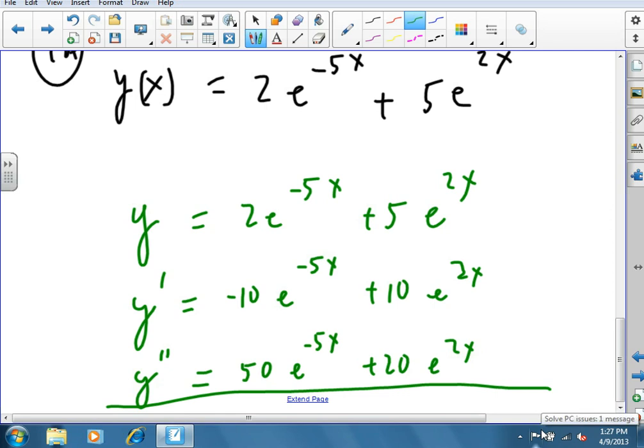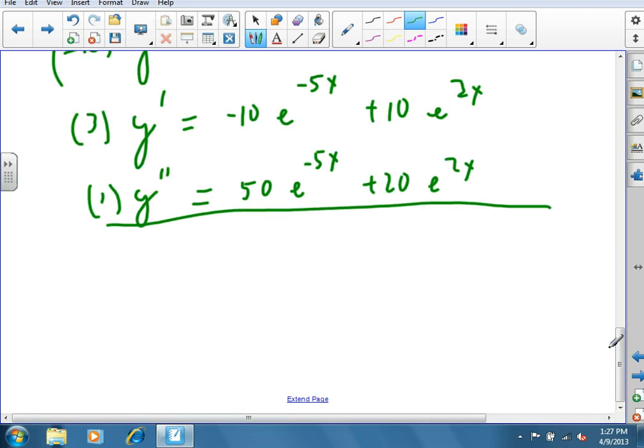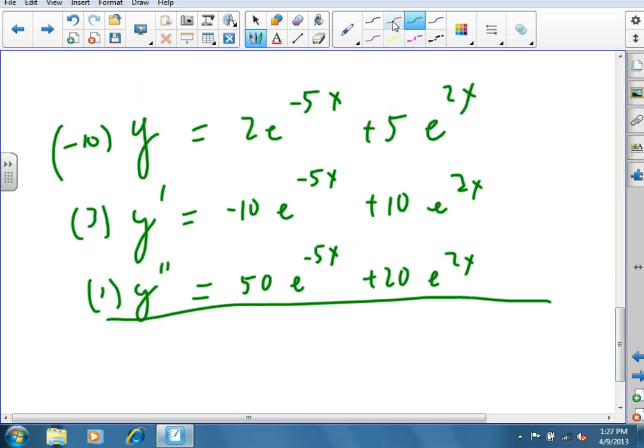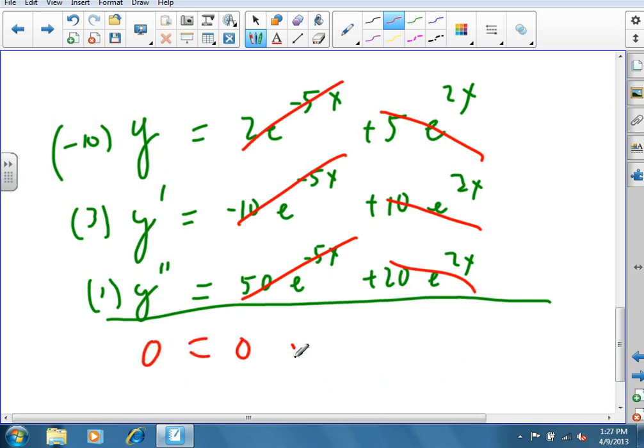I want one of these, 3 of those, and minus 10 of them. So I've got minus 10, minus 30, plus 50, that term goes away. I've got minus 50, plus 30, plus 20, that term goes away. 0 is equal to 0, and my work checks.